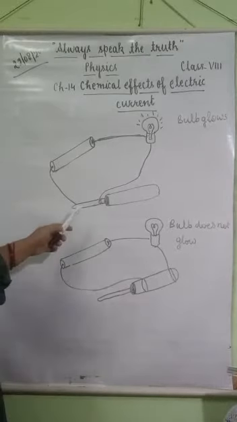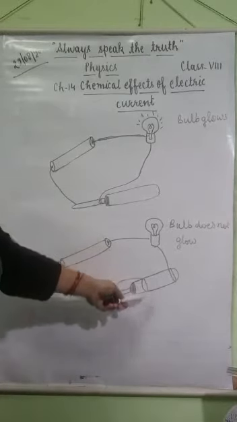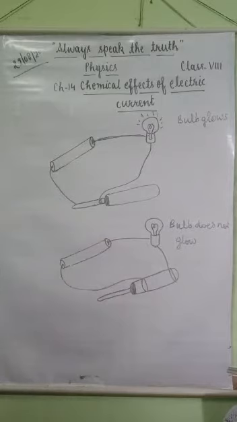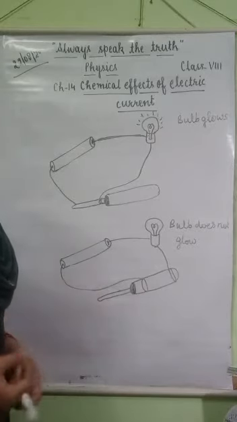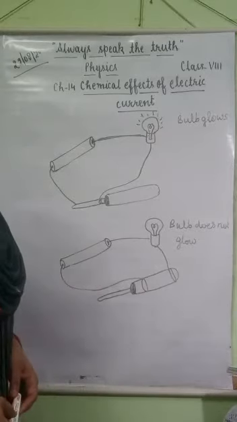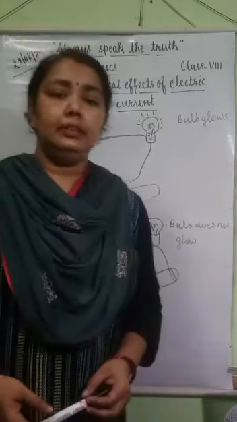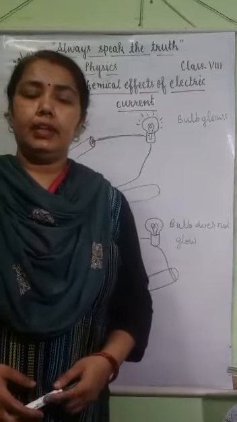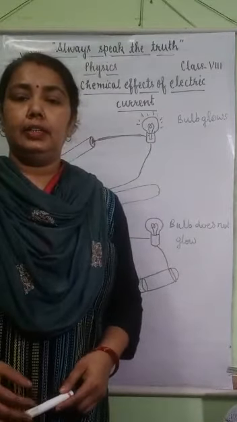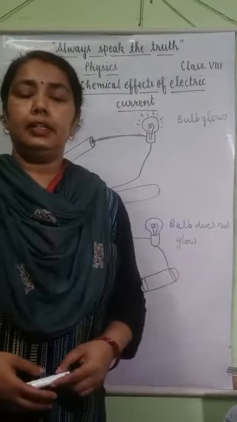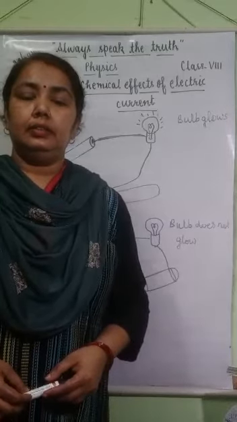So you can see that metal, wood, plastic and glass are all solids. Do you know that other than solids, liquids also conduct electricity? We know that electrical energy is a very useful form of energy and it can be converted into chemical energy.